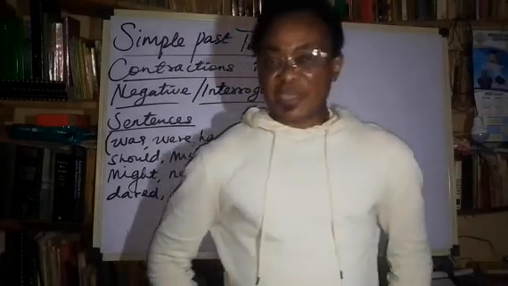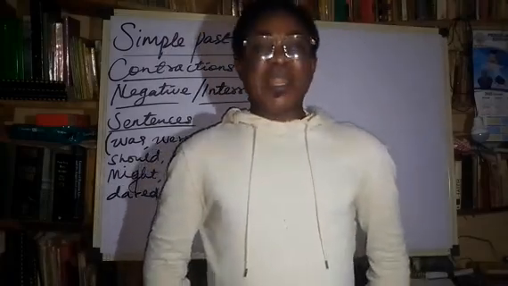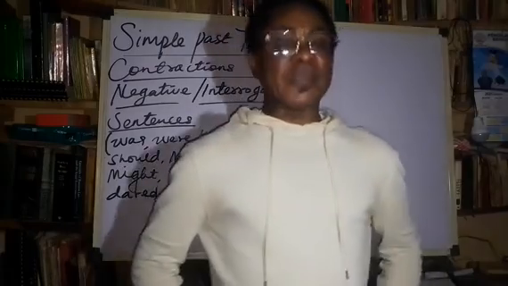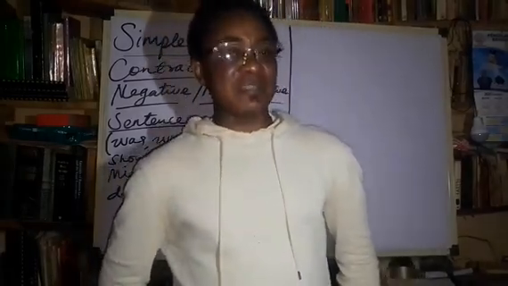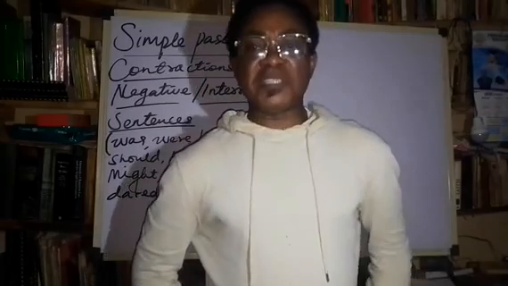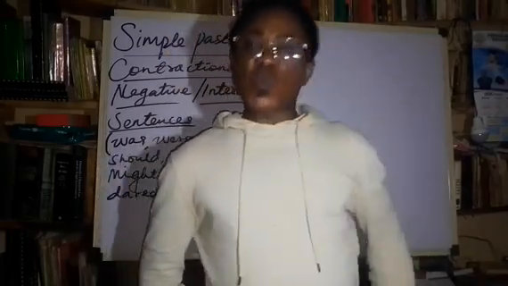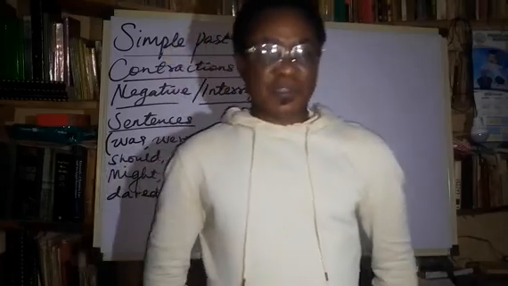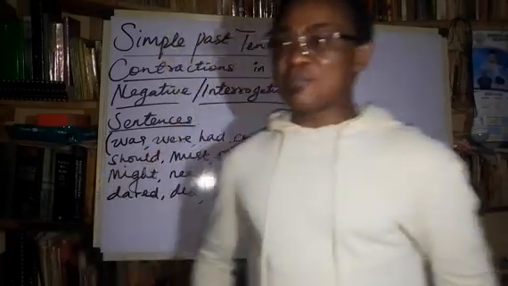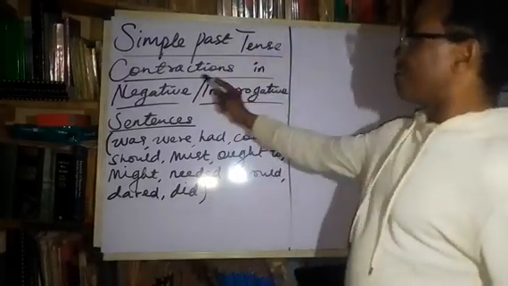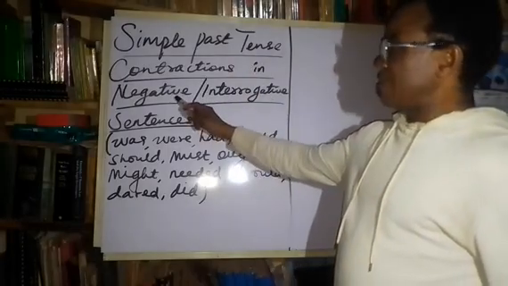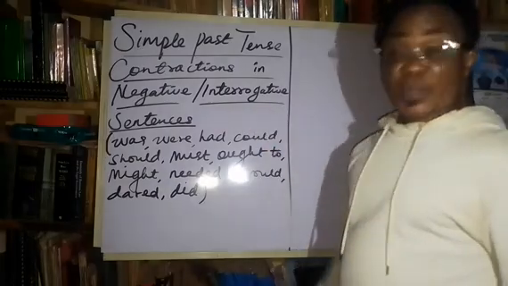On our immediate past video, we made our introduction to the simple past tenses, analyzing various aspects of that tense, and I did advertise that in this particular video we will still be examining the simple past tenses, but this time we shall be talking about contractions in the simple past tense involving negative and interrogative sentences.